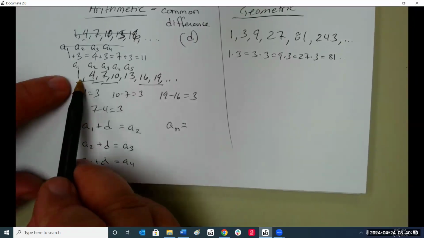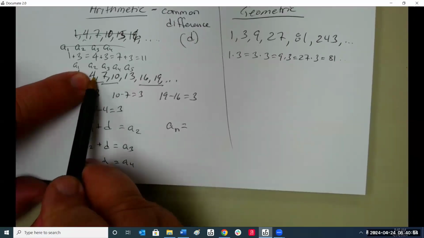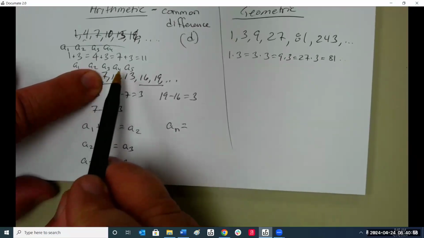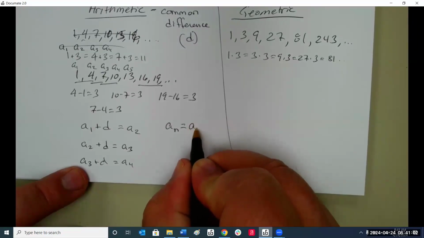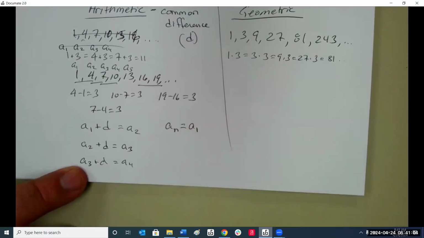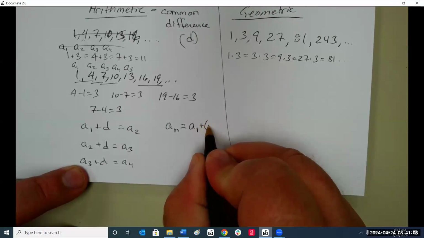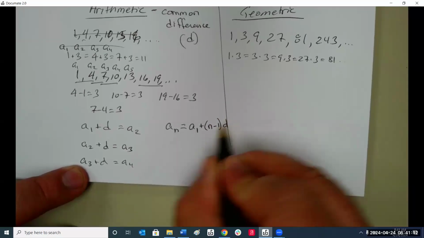If I have the first one, I can add 3 to it and get the second. If I have the second one, I can add 3 to it and get the third, and so on and so forth. So the formula I have is, I begin with my first one, plus n minus 1 times d.